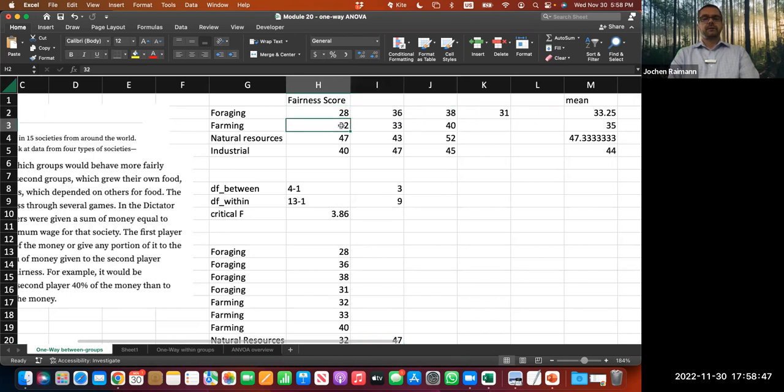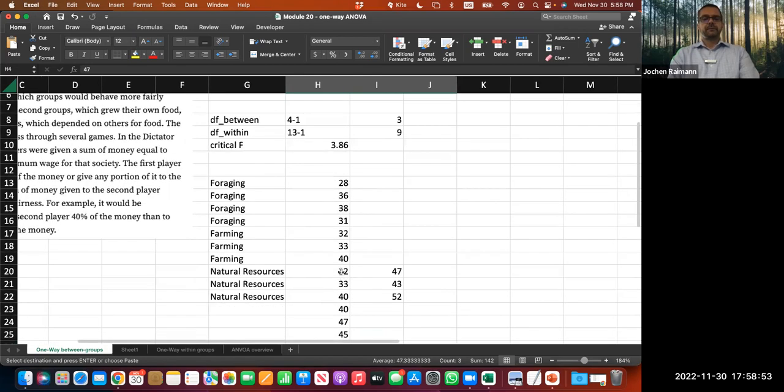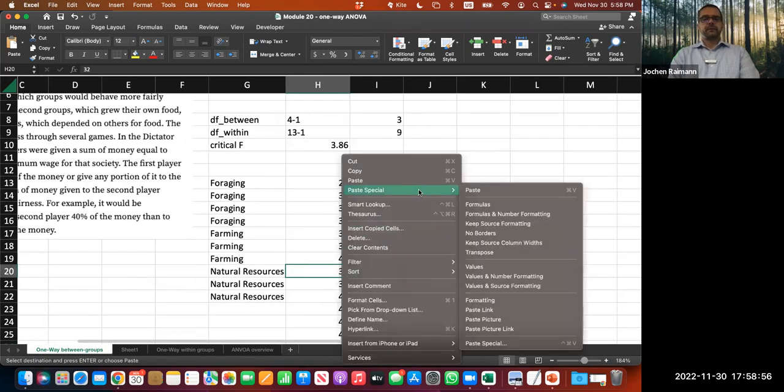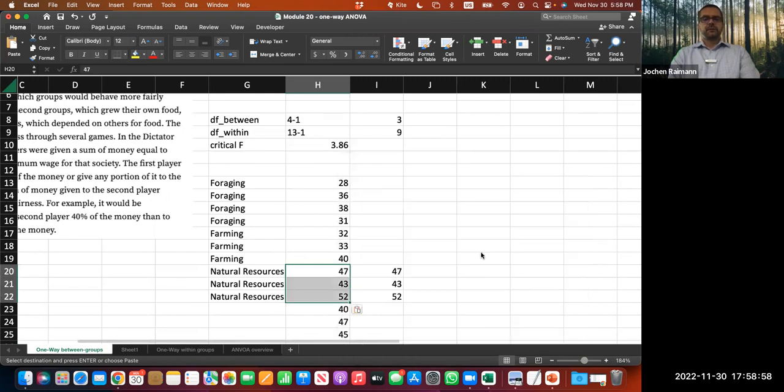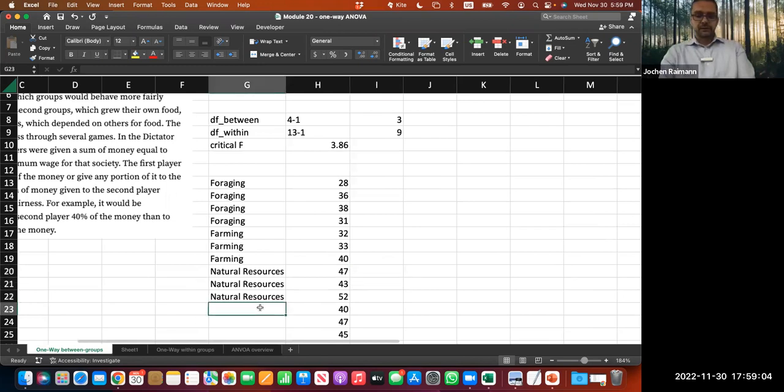The industrial values are 28, 32, 33, 40, 47, 43. Okay, so this is industrial.